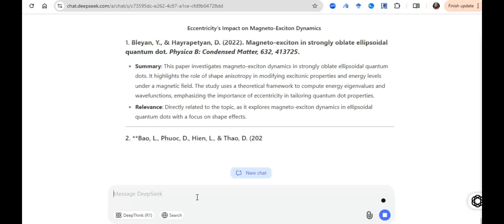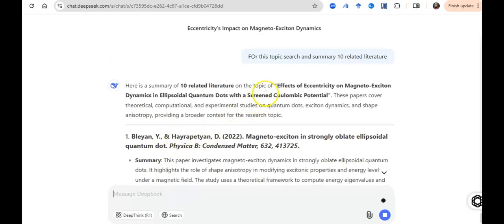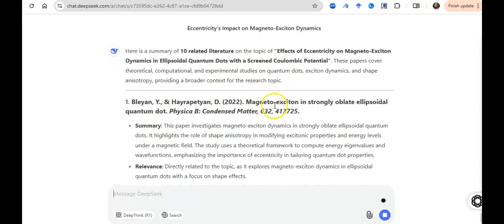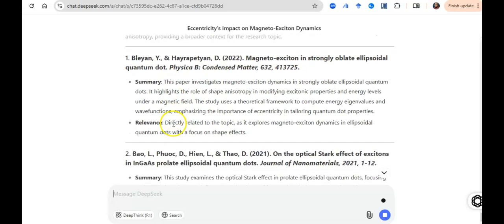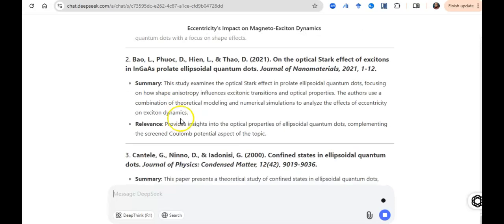The first it has mentioned is Blayan, and he discussed the magneto-exciton in a strongly oblate ellipsoidal quantum dot. And if I ask for the link, it would also give me the link. And this person discussed the optical Stark effect of excitons in an indium gallium arsenide prolate ellipsoidal quantum dot.